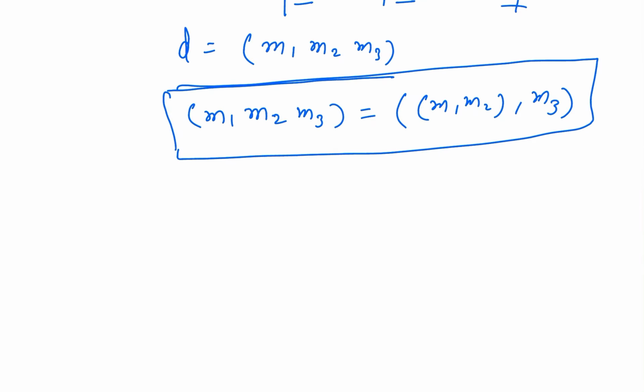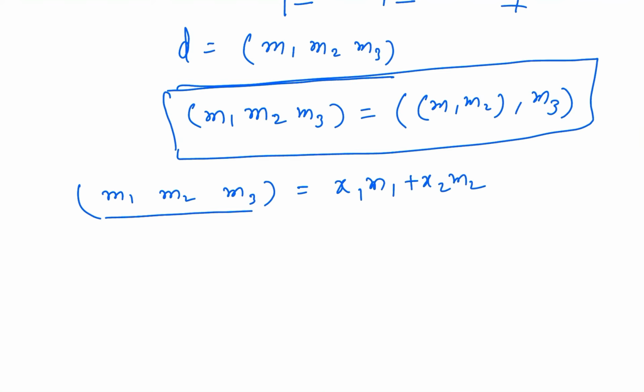Induction: if M1, M2 and M3 are three integers, then the GCD of these three integers can be written as a linear combination x1 M1 plus x2 M2 plus x3 M3. How can we write this?